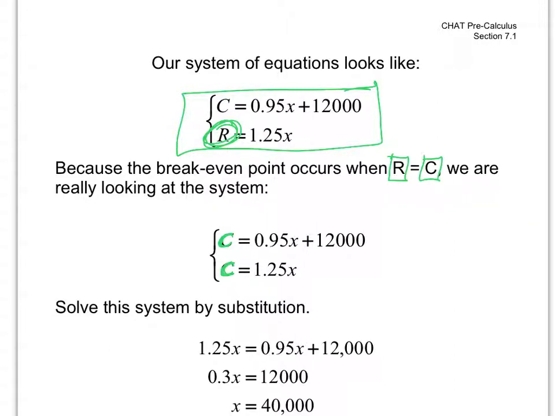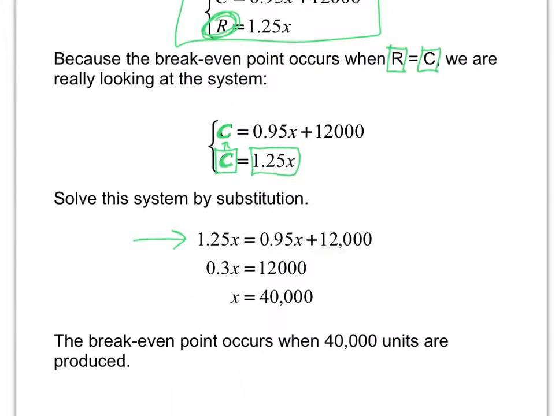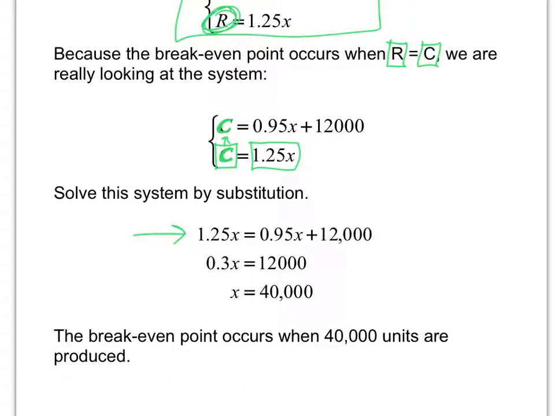So we can solve that one easily by substitution, because I'm going to take $1.25 times x and replace C in the first equation with that amount. So that gives me this equation right here. And then if we solve that, I'll just scroll up so you can see how it solves. I end up with x equals 40,000. That means I will break even if I make 40,000 units, or 40,000 clocks, or whatever it is.